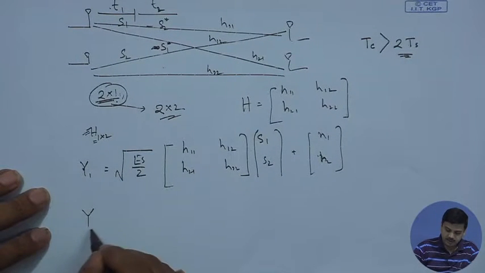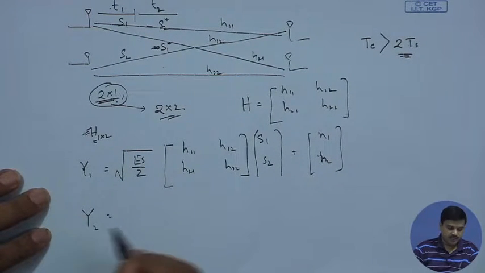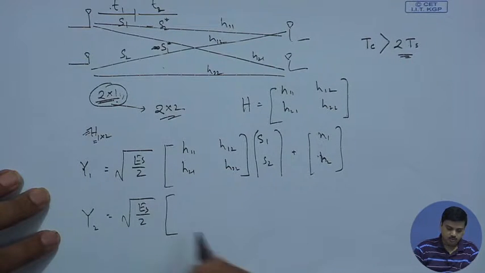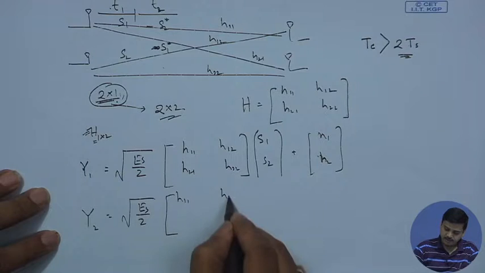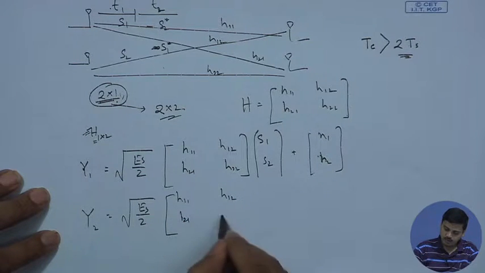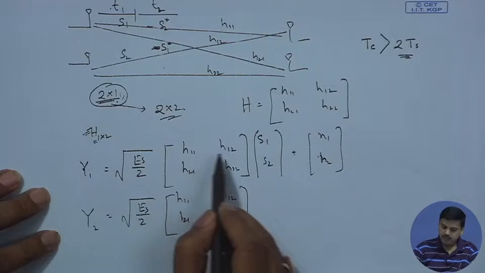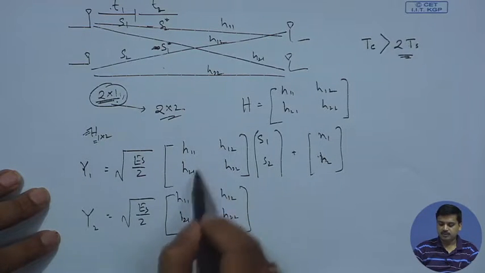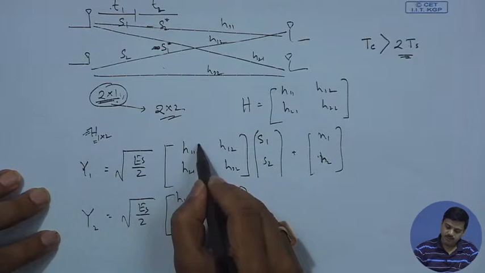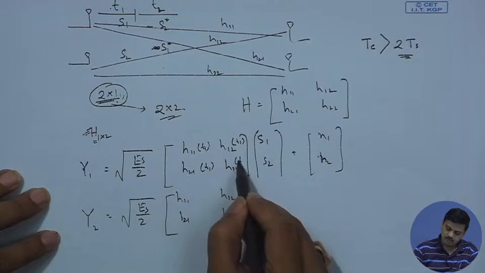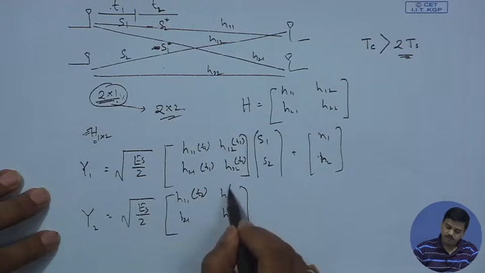In the second interval, we receive this second vector, and that is again ES by 2. We have the same channel matrix H11, H12, H21, H22. Remember, in the previous case we had H11 and H12. We did not have this. In this case, we are having this. Ideally speaking, this should be at time T1, and this should be at time T2.